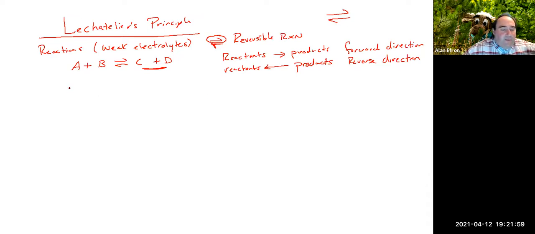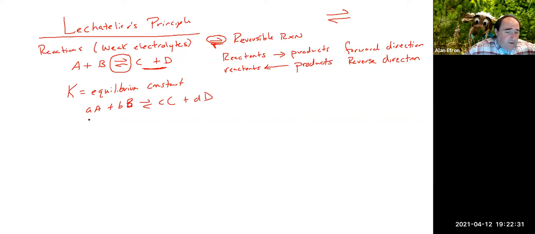And you could write something which is referred to as the equilibrium constant, which is capital K. For any reaction that is reversible like that, you can write what's known as the equilibrium constant, and it is products over reactants. The little letters are the coefficients in the balanced equation.